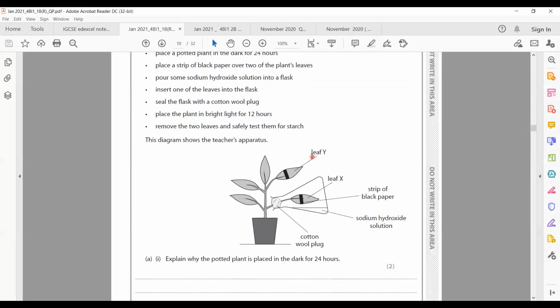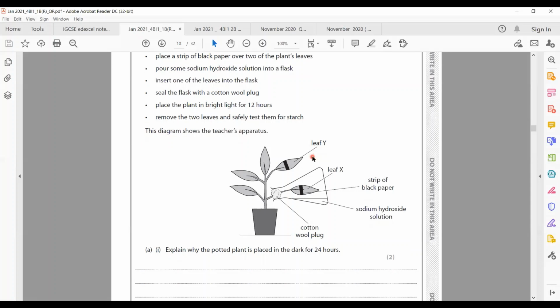The glucose will be used by respiration from the stored starch, and all the starch that will be formed later is due to photosynthesis afterwards. Right, because the question says place the plant in the bright light afterwards for 12 hours.